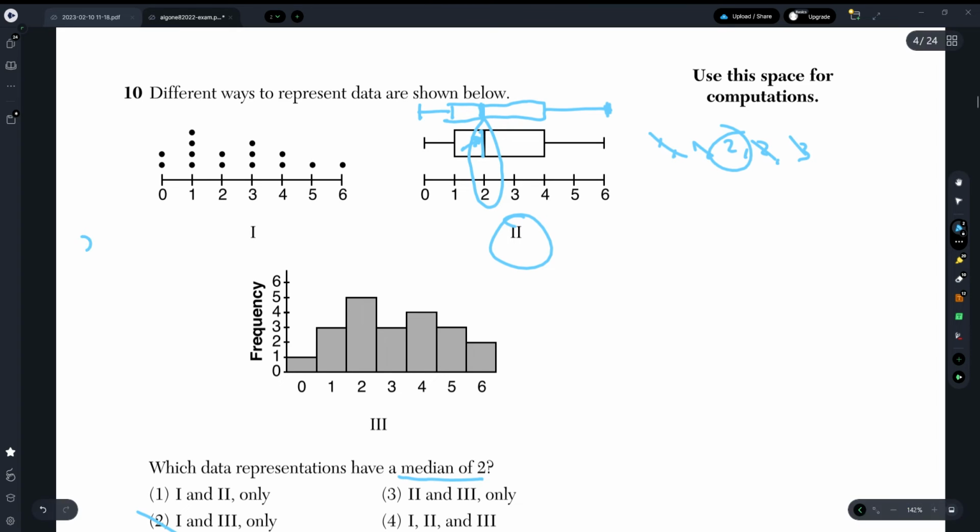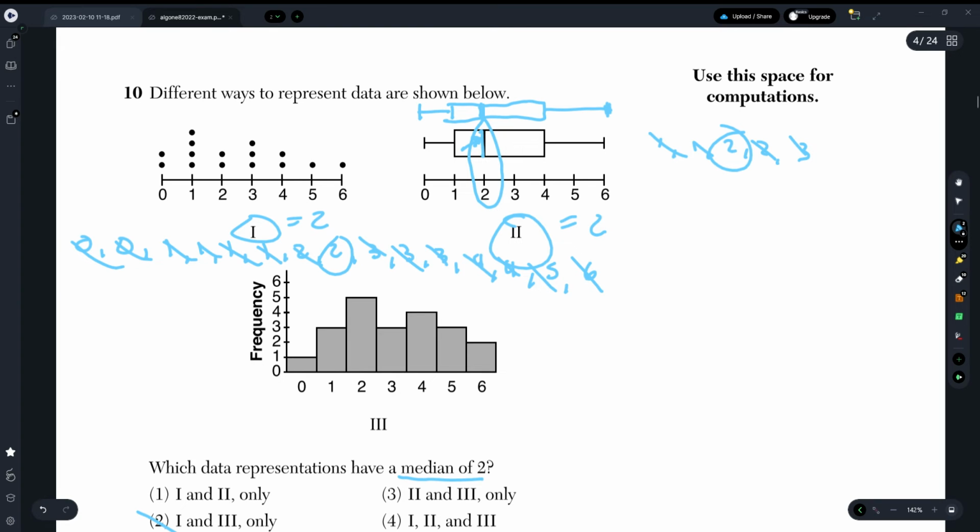So for this problem, you have 0, 0, 1, 1, 1, 1, 2, 2, 3, 3, 3, 4, 4, 5, 6, right? Let's cross it out. Yep, so the median for this one is also equal to 2. This one's also equal to 2, and we have to do this one last time.